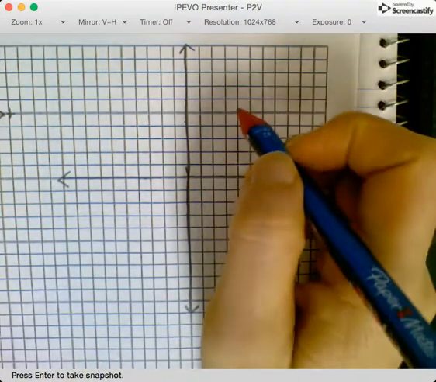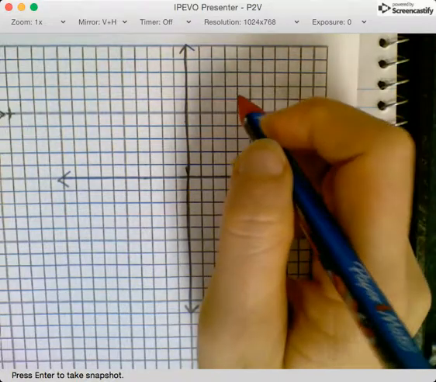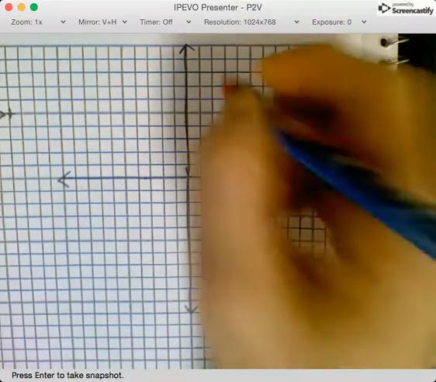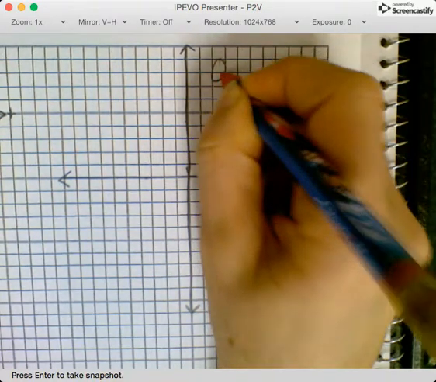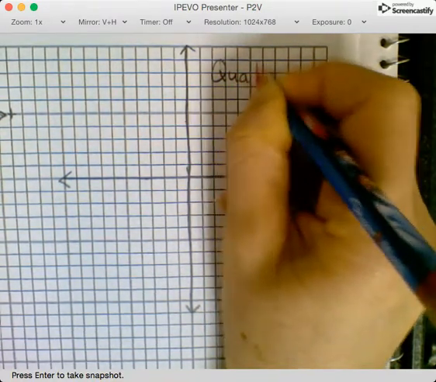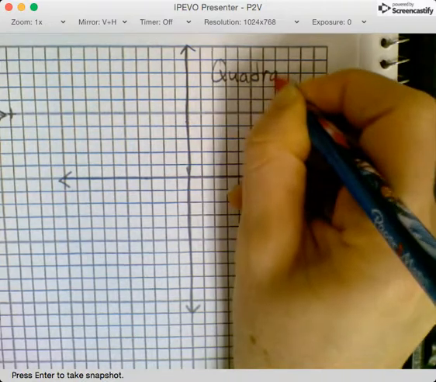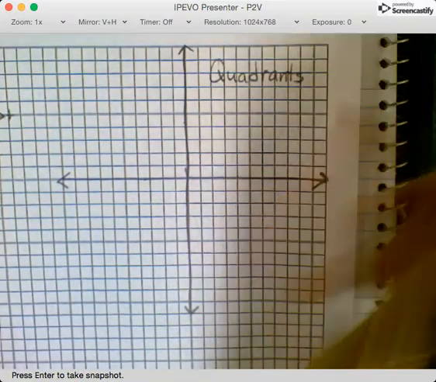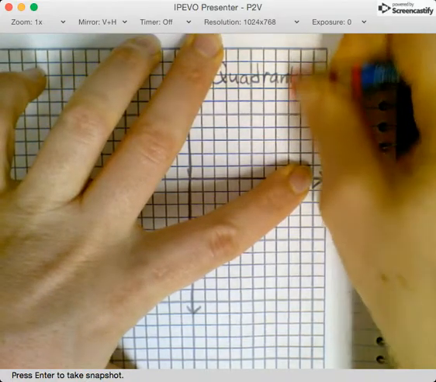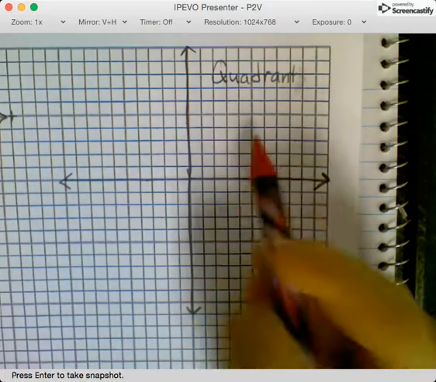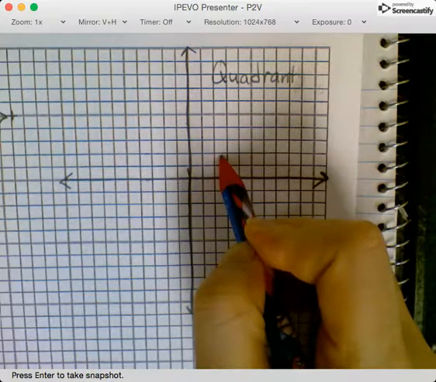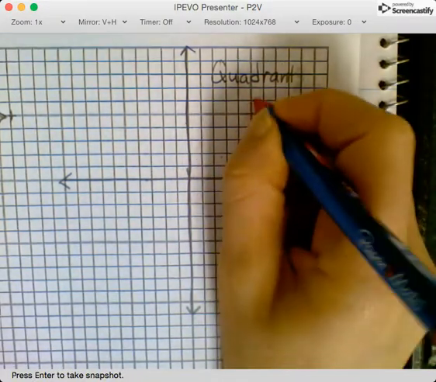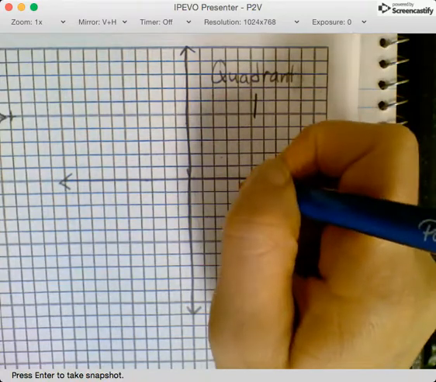Now the quadrants are usually labeled by Roman numerals, and the Roman numerals are kind of going counterclockwise. So the quadrant here that we usually are just used to using before we learned about positive and negatives is actually going to be quadrant 1.